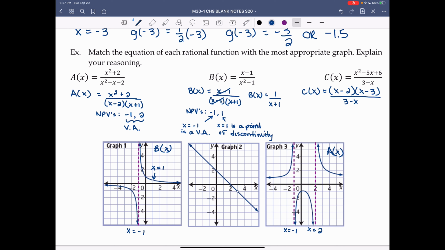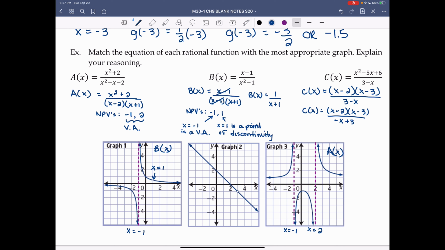Now I can change the order of the bottom. c of x equals (x minus 2)(x minus 3). I can write my x first, so it's negative x plus 3.